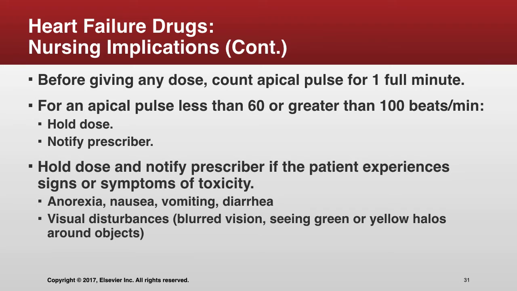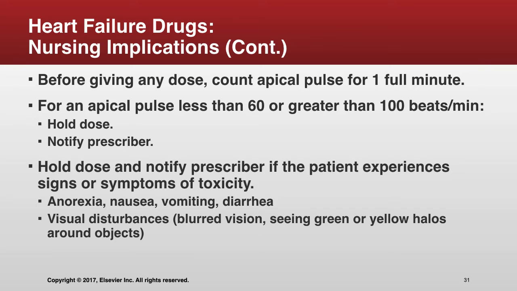I would want to see their apical pulse for an infant above 80, and the greater than 100 doesn't apply to them either, because their heart rates always are greater than 100. So we would be looking more at greater than 160 or greater than 180 for a neonate. And then for the different age groups of children, we would be looking at a different number.